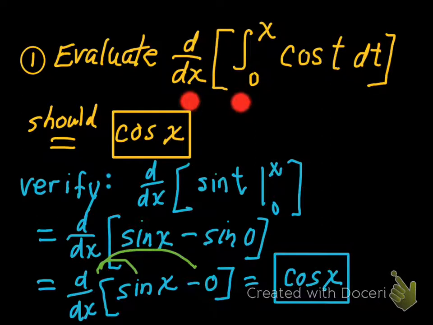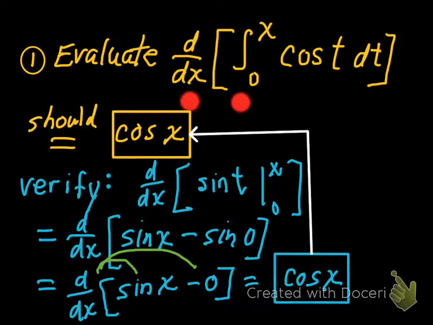Check it out. When we verified this, the answer we got was cosine x. That's after we differentiated an integral. Exactly what we expected to get, we did get. So the shortcut using FTC2, we thought we'd get cosine x. We did the work, we went a long way around the block, and we did indeed get cosine x.